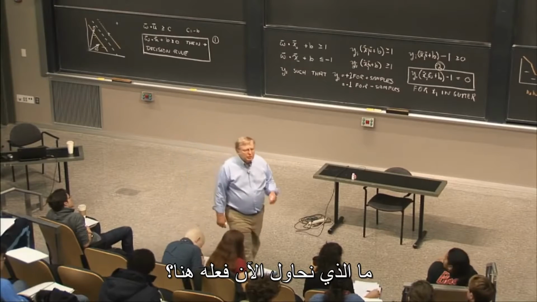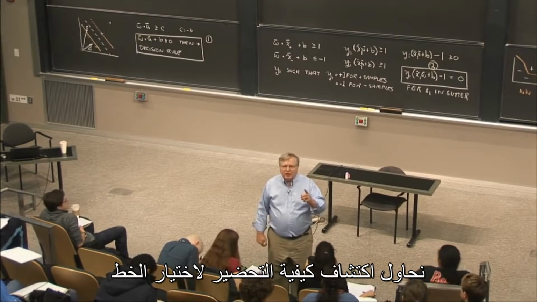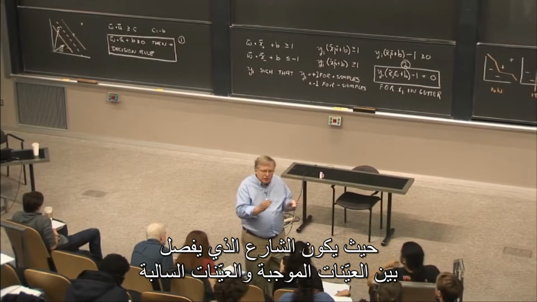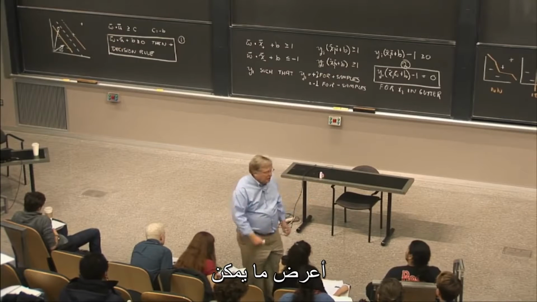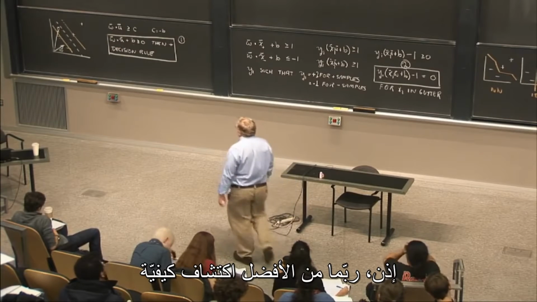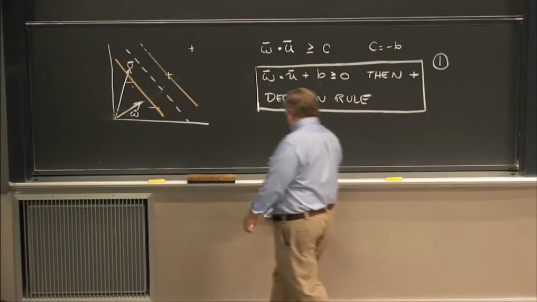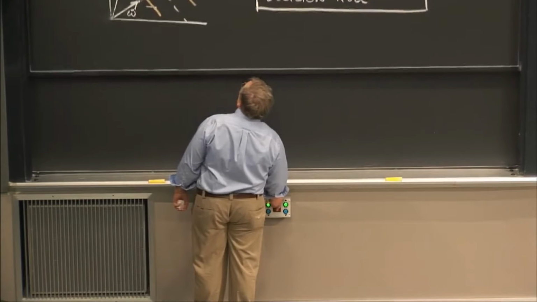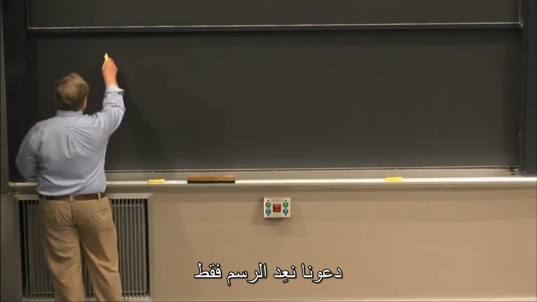Now, what are we trying to do here? I forgot. I remember now. We're trying to figure out how to arrange for the line to be such that the street, separating the pluses from the minuses, is as wide as possible. So maybe we better figure out how we can express the distance between the two gutters. Let's just repeat our drawing.